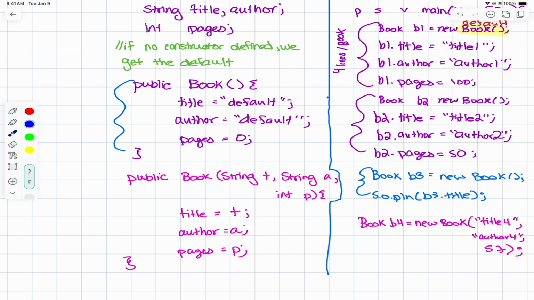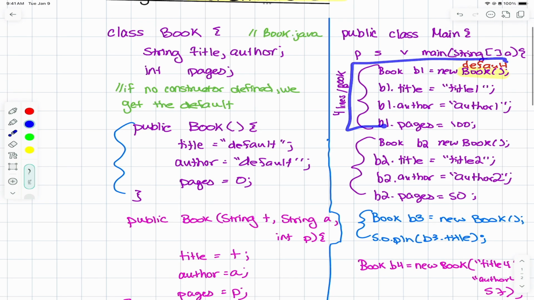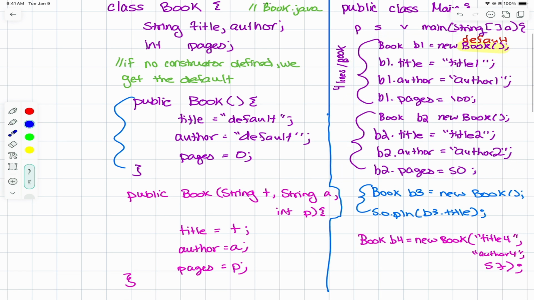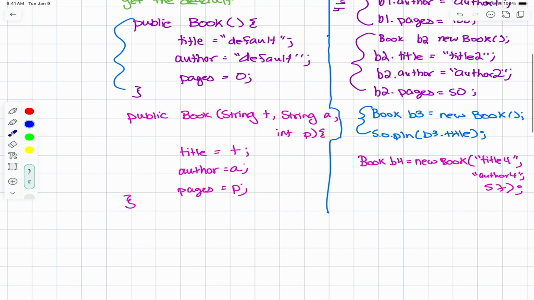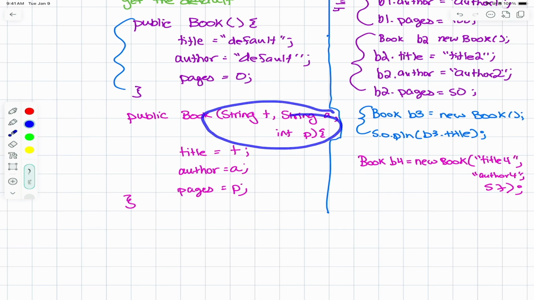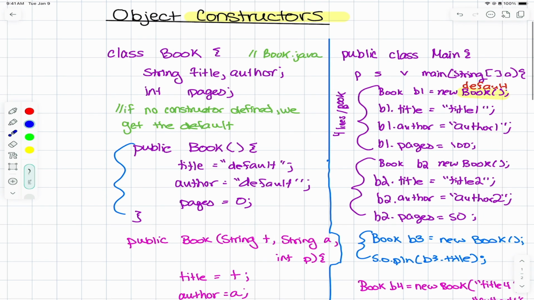So here's another way of defining a constructor. And now, rather than this being 4 lines of code, we have turned our creation of book objects into a single line of code with its data internally. So we don't have to just rely on default values. Now it is worth noting that as soon as you make a constructor, even one like this that has parameters, you lose access to the Java built-in default.